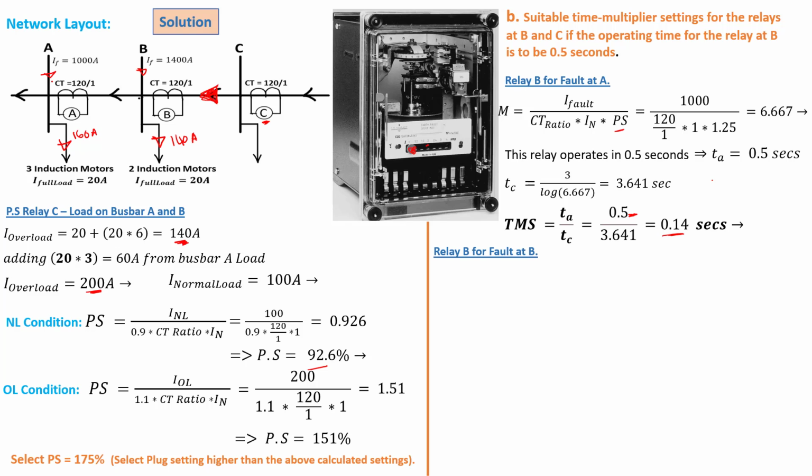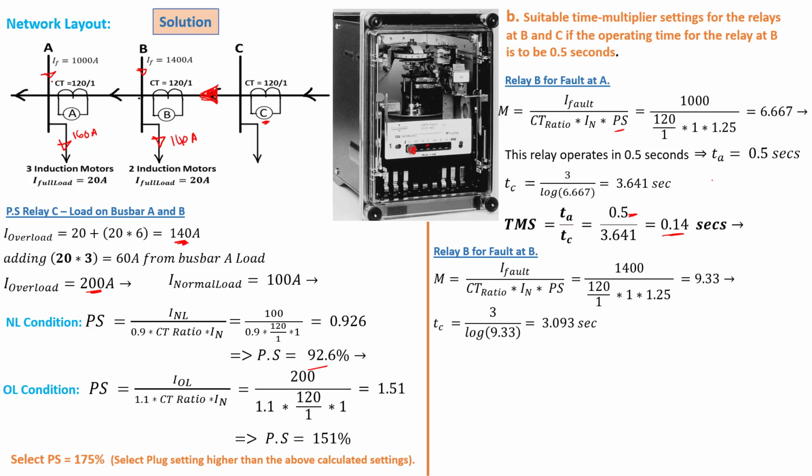Then we move on. So the relay B for the fault on bus bar B. Basically the same formula here, and we find a multiple of settings of 9.33. Then we use that to calculate TC, so we find TC is 3.093, and then we can calculate our TA.